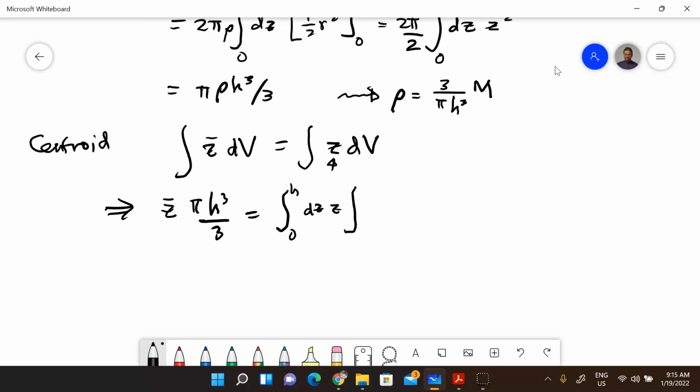So the integral of r from 0 to z, with dr and r there, and finally your theta.